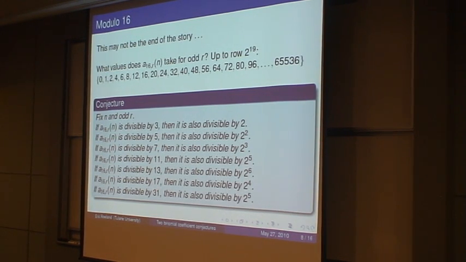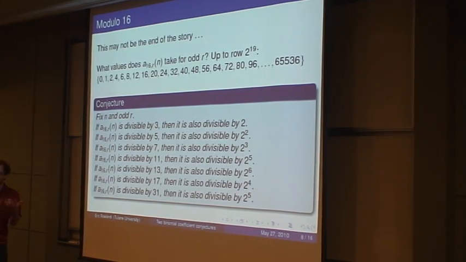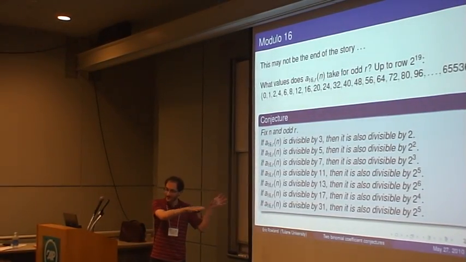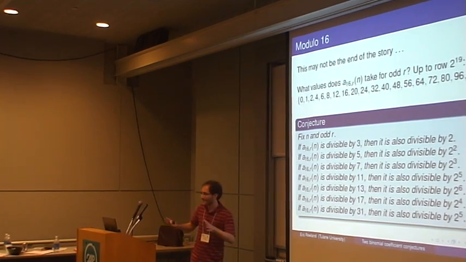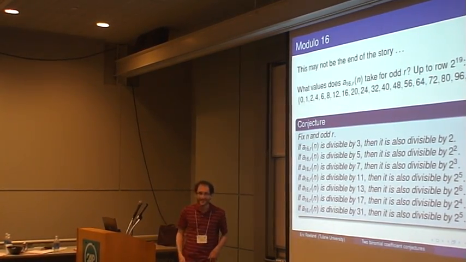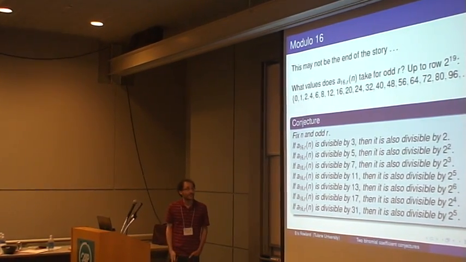So 19 hasn't occurred yet. I expect that it will, but who knows? And what power of 2 will go with it, I'm not sure. So what one would like to do is sort of automate what Granville did modulo 8 for modulo 16, and have the computers just do all that, and then hopefully we can just look at the formulas without having to do all the grunt work and see where this is all coming from. All right, so that's conjecture number 1.